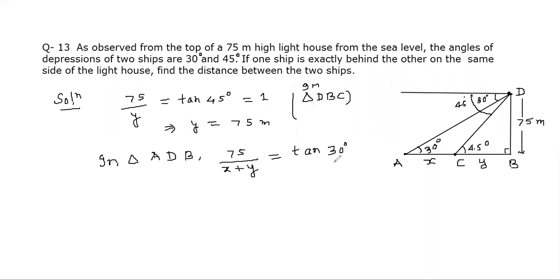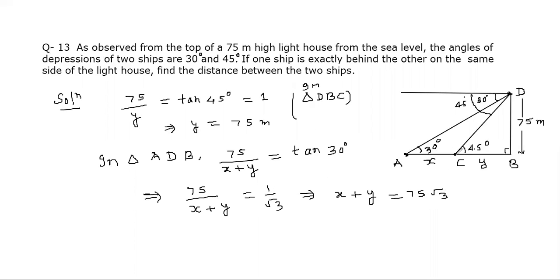And we know that tan 30 degrees equal to 1 upon root 3. So we can write 75 divided by x plus y equal to 1 upon root 3. We make cross multiplication. So we will get x plus y equal to 75 root 3.